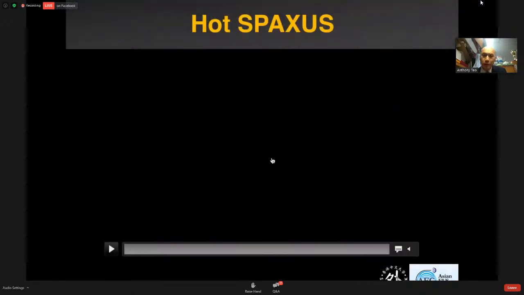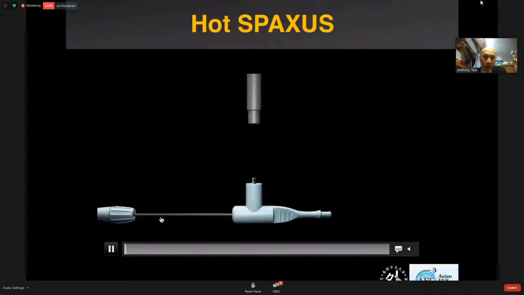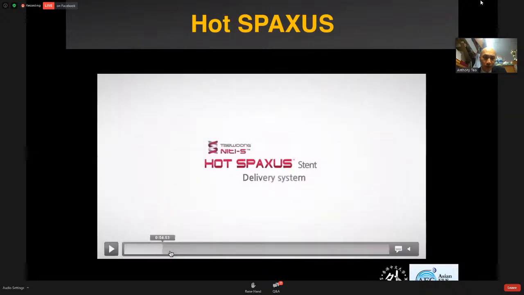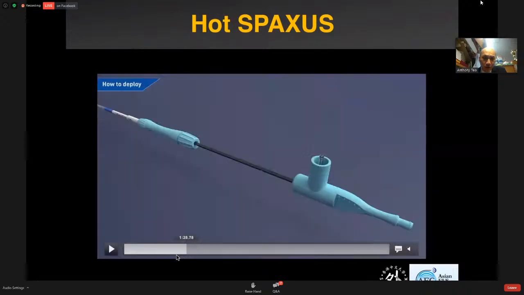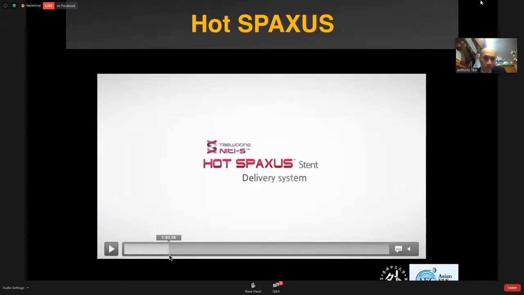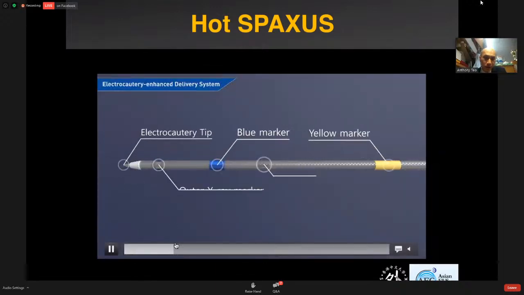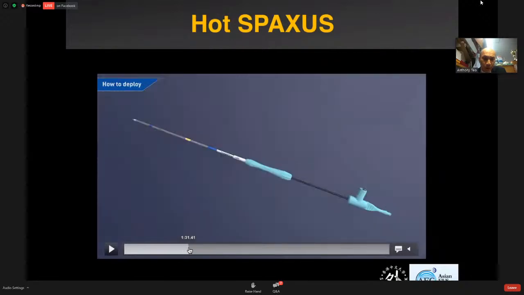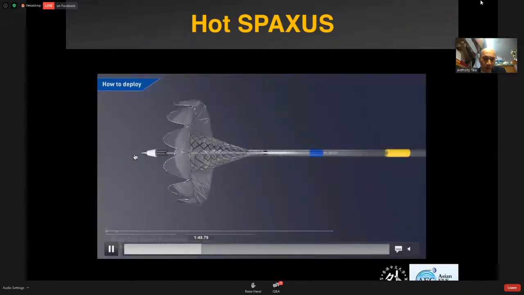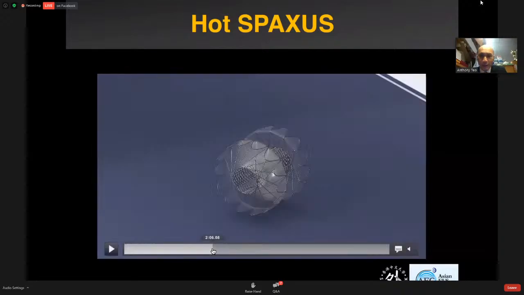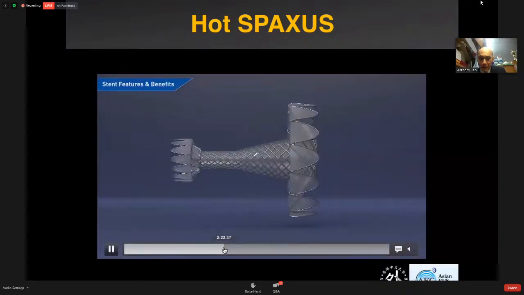For gallbladder drainage, again, this procedure is becoming more and more popular, mainly indicated for patients with acute cholecystitis. This is one of the HOT systems, in which the tip has a cautery tip, allowing direct puncture and opening of the stent at the same time.